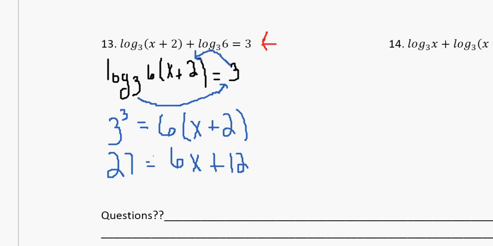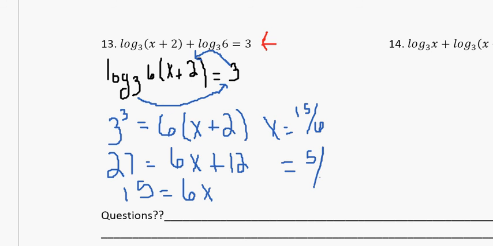Subtracting the 12 from both sides, I would get 15 equals 6x. Dividing both sides by 6, x equals 15 over 6. And as always, reduce our fractions. 15 over 6 reduces to 5 over 2.